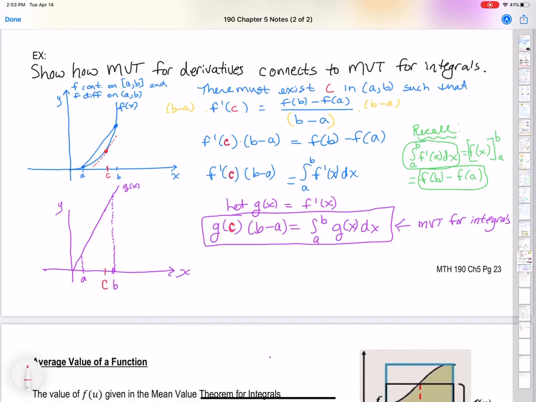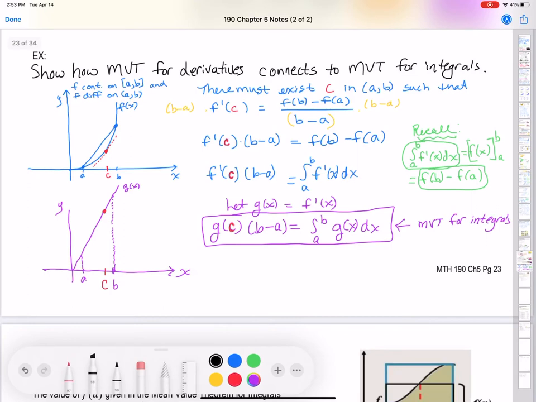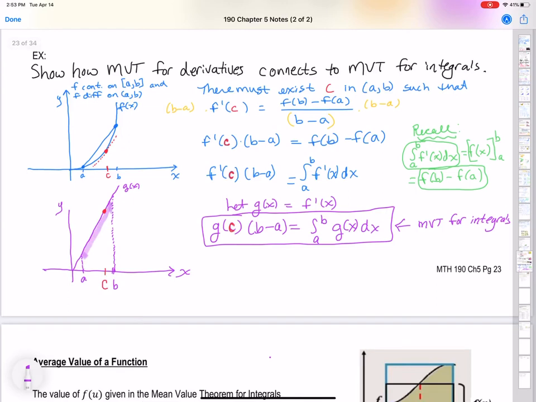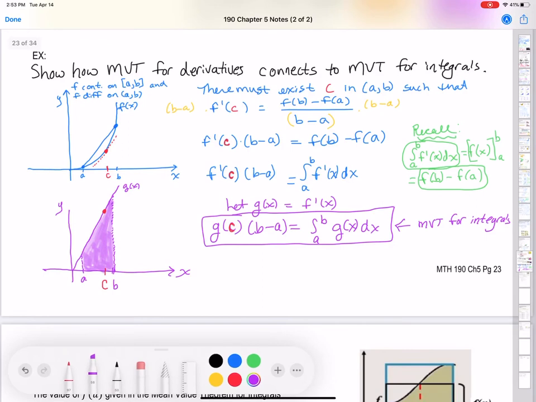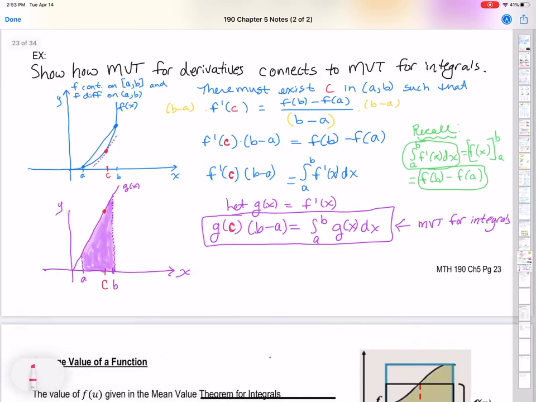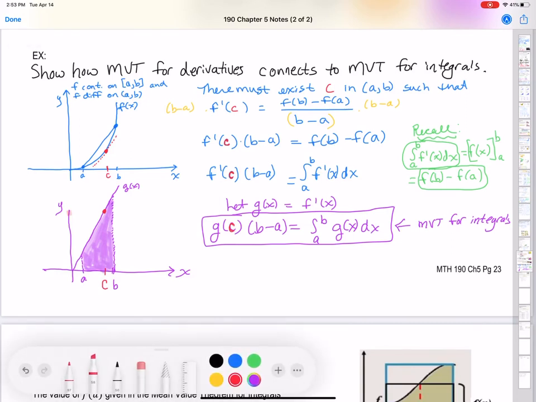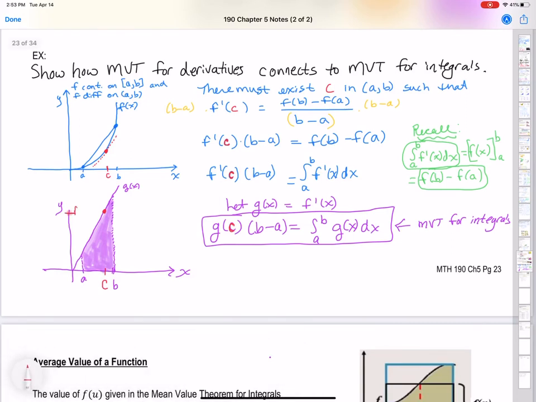So this c right here, this is the geometric interpretation of the mean value theorem for integrals. It says that the actual area under the curve, the integral of g of x dx from a to b, is going to equal, wherever this c is, its y value is going to be g of c.